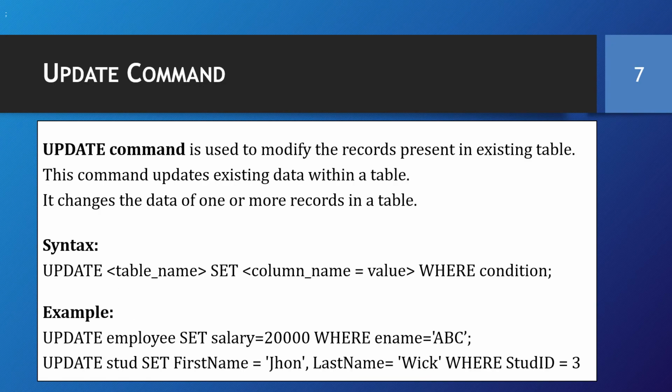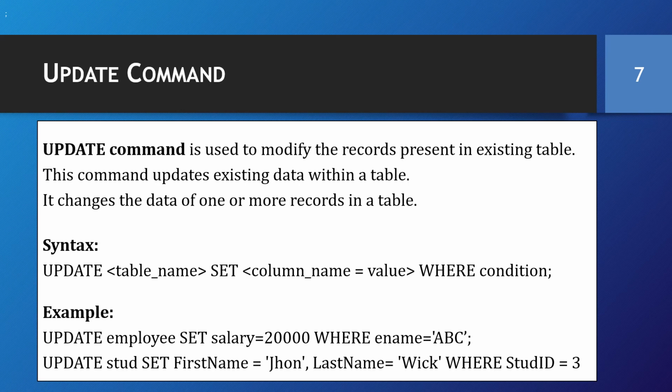Now let us look into the update command, which can be used for modifying the records present in the existing table. That means we are going to update the records in the existing table. This command changes the data of one or more records in a table. As we know, to change a record we should give the new value, right? So the syntax is update table name, set column name is equal to new value where condition.